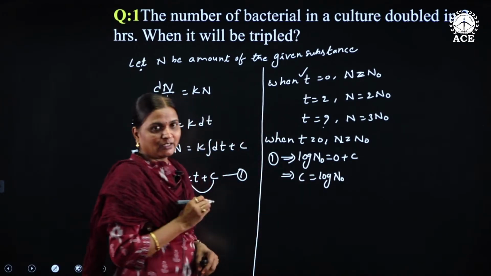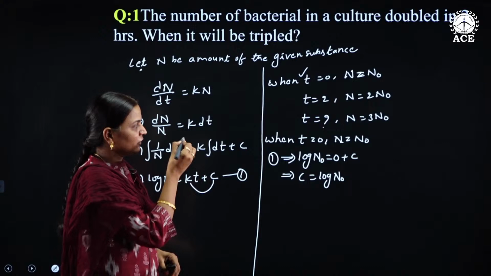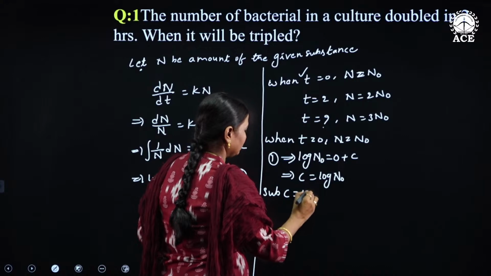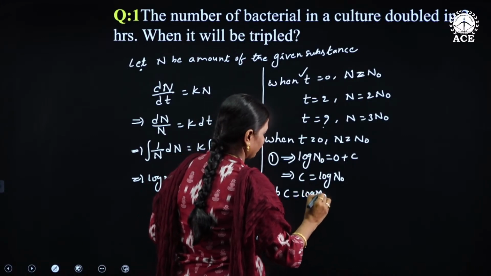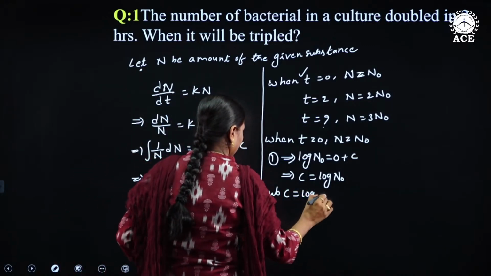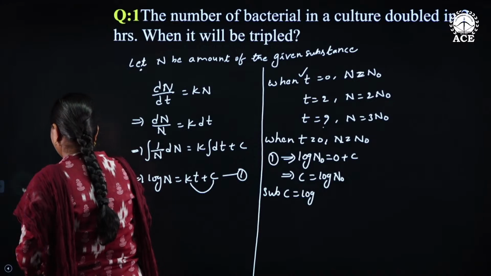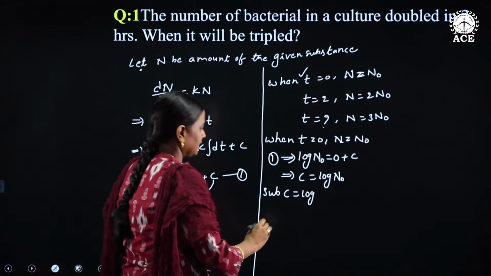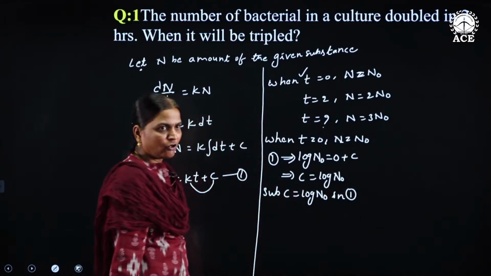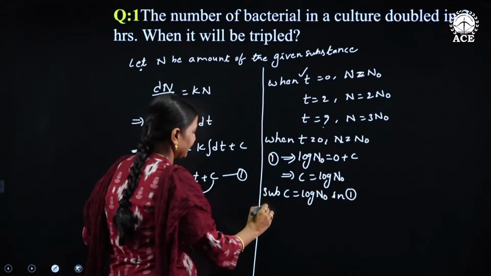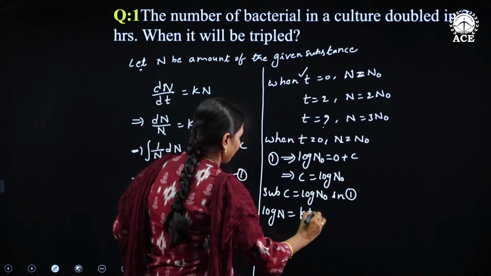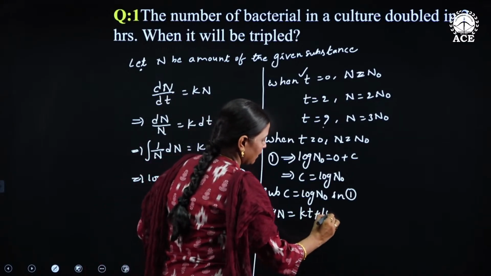What is our next step? Substitute the c value in this equation. So substitute c is equal to log N naught in equation 1. Now how to write equation 1? Equation 1 can be written as log N is equal to kt plus, what is the c? c is equal to log of N naught.